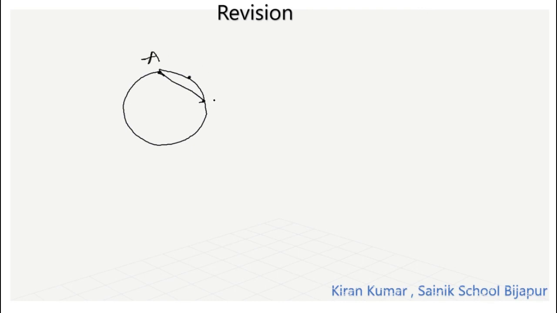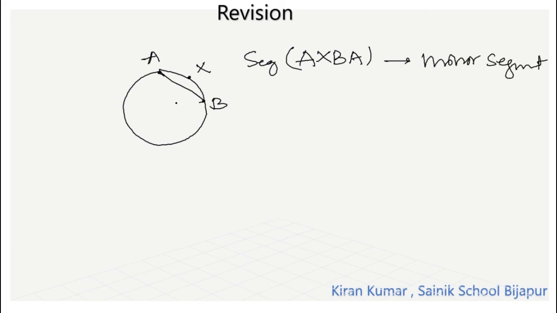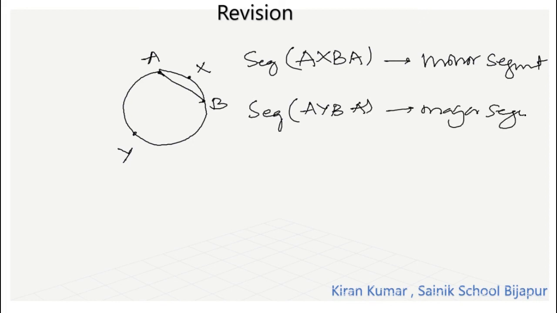Suppose I name this AB and this X, the segment AXBA. This is a complete figure, and this segment is called the minor segment. And if I name this point Y, segment AYBA is called a major segment.